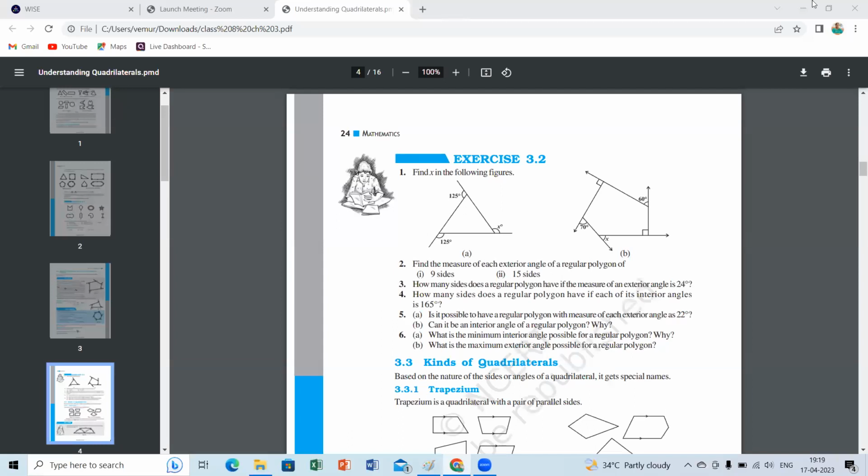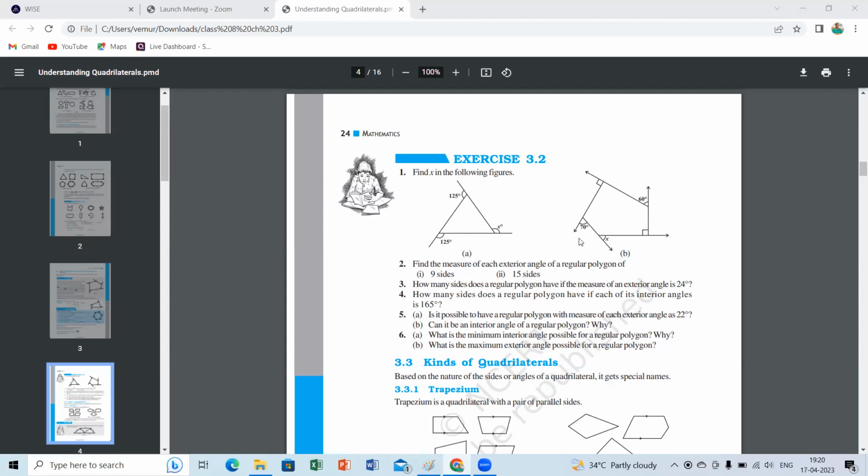Okay. All right. Next, coming to question number 2: find the measure of each exterior angle of a regular polygon. We just discussed. What is the each exterior angle formula, children? 360 by n. N is 9. 360 by 9 is 40. Yes, 40 degrees.